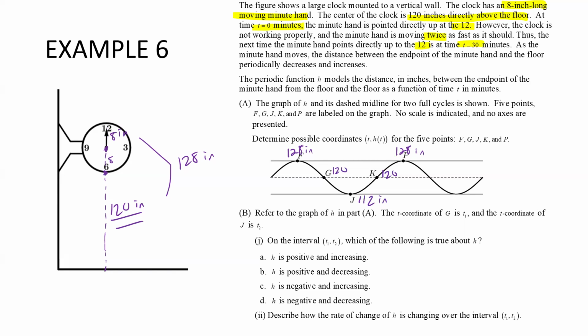Like Emiliano said, this has to be our minimum, and our minimum will be 120 minus 8, which makes it 112. Our center is 120, and then our max is 128. That makes sense now. Yes.